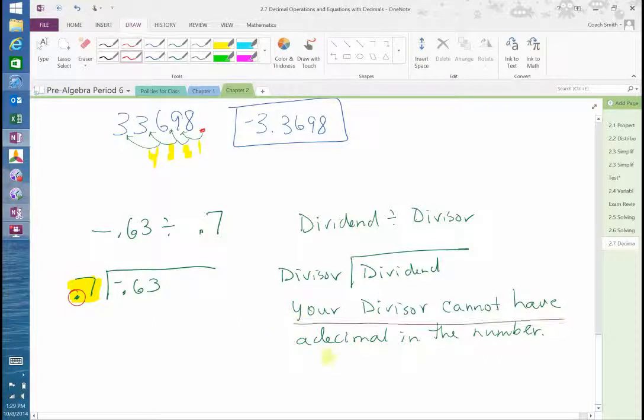So what I have to do is this. I have to take that decimal and move it one place to the right. So I got to do the same thing on the inside. One place to the right. So I have 7 into negative 6.3.